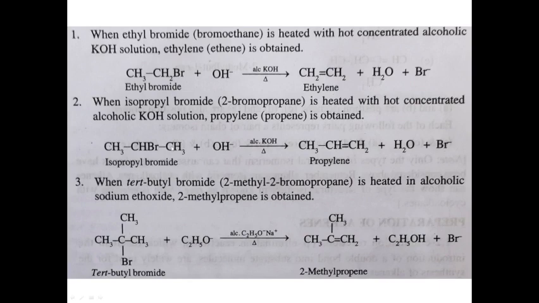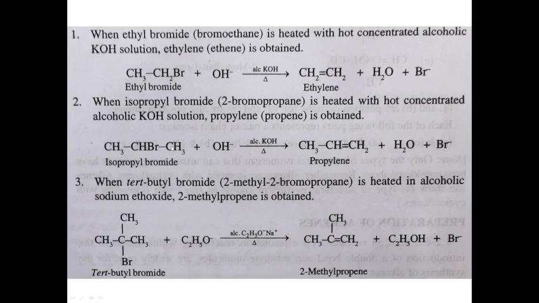For example, we have taken 2-bromobutane, CH3CH2CHBrCH3, in the presence of alcoholic potassium hydroxide. There are two possibilities here: either the hydrogen from this carbon atom or the hydrogen from this carbon atom can be eliminated. If hydrogen is removed from this carbon atom, we get one product, and if hydrogen is removed from the other carbon atom, we get another product.